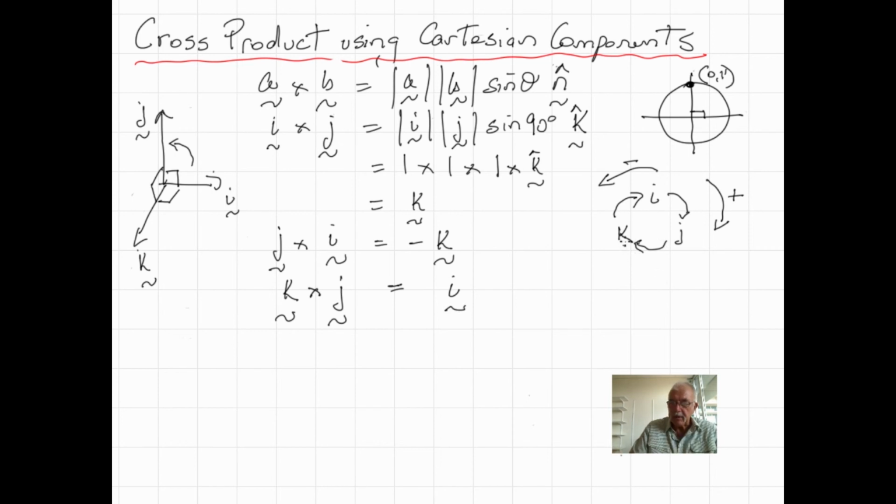Which way are we going? We're going in the anti-clockwise direction, k, j, so it'll be negative i. So you can start anywhere in that circle, and if you go clockwise you'll get a positive answer, and if you go anti-clockwise you'll get a negative answer.